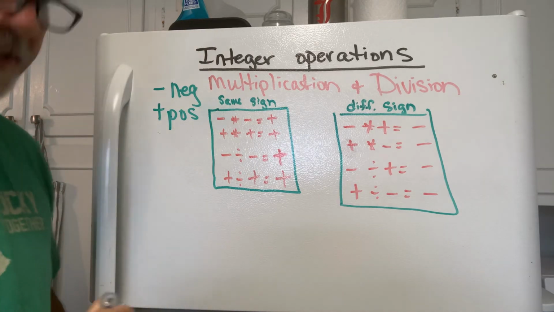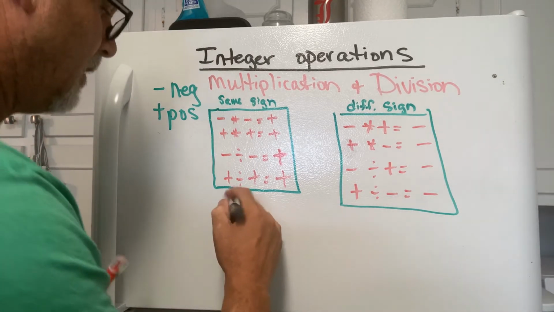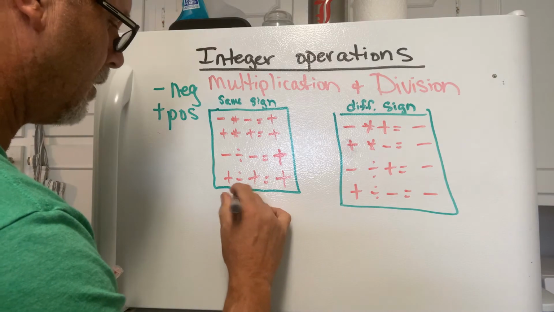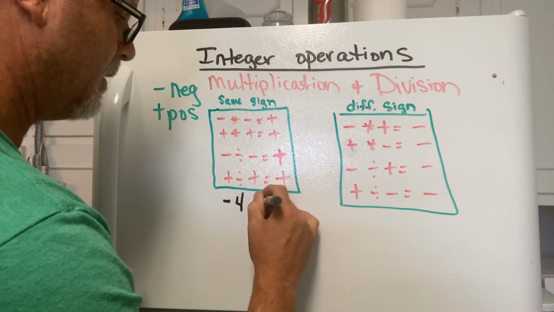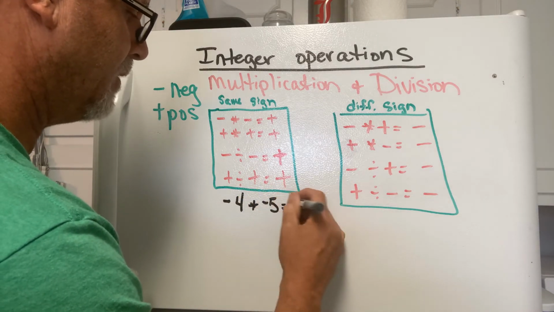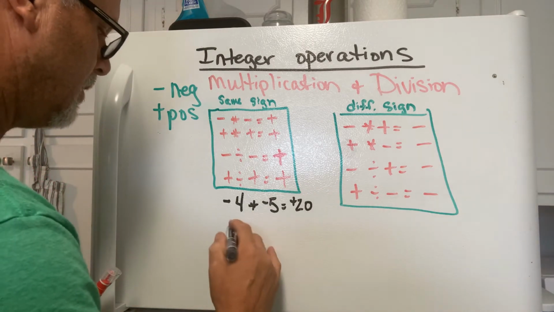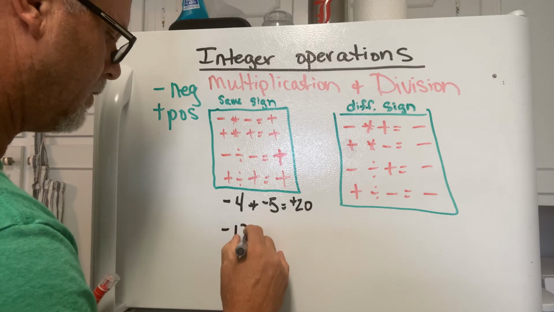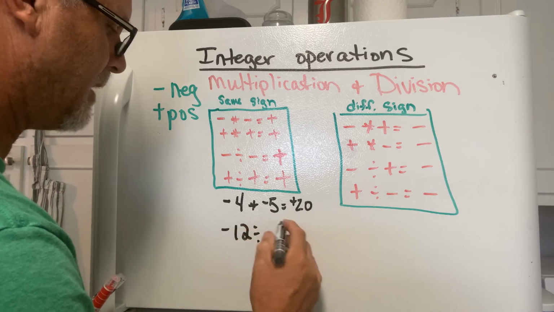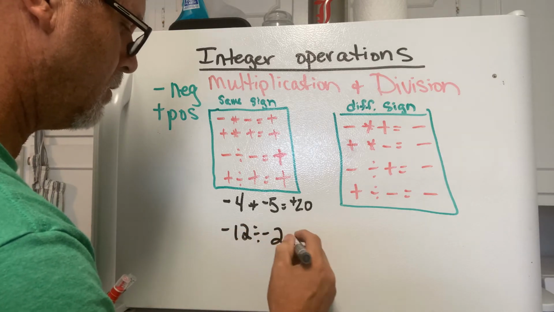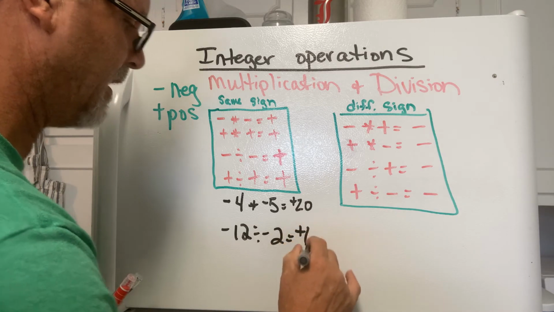So here's a couple of examples really quick. Negative 4 times negative 5 is positive 20. Negative 12 divided by negative 2 equals positive 6.